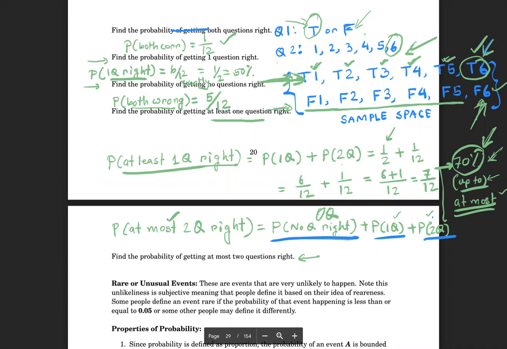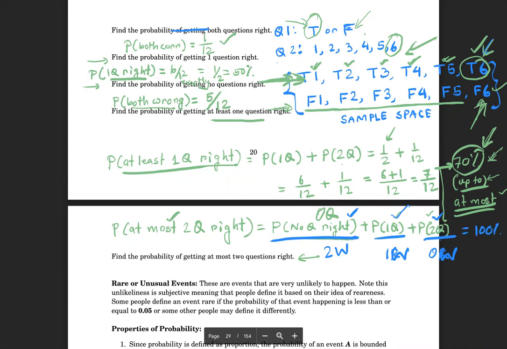Either you get 2 questions correct, or 1 question correct, or no question correct. Getting 2 questions correct is equivalently 0 wrong. Getting 1 question correct is 1 wrong. Oops, W, not R. Getting no question right means 2 wrong. It's equivalent, which is, by the way, 100% or 1.